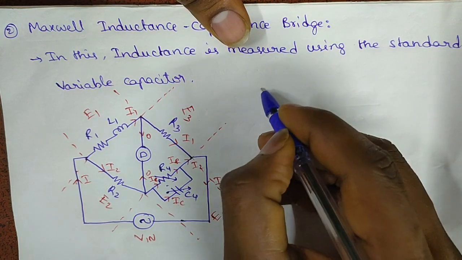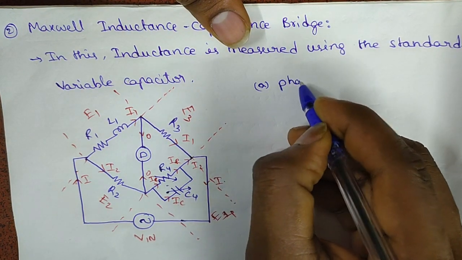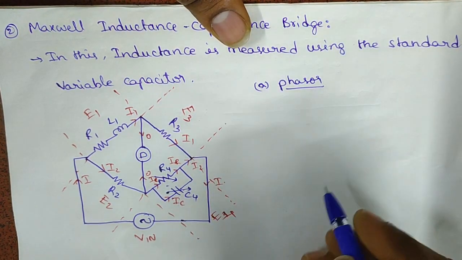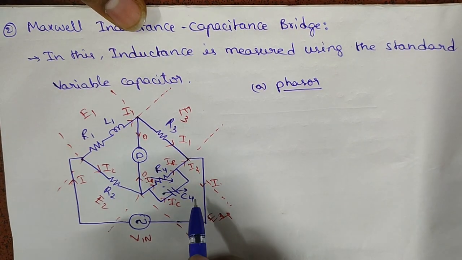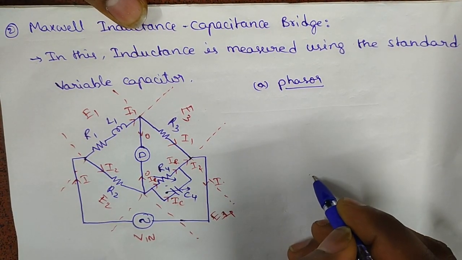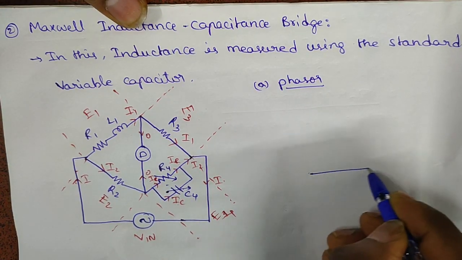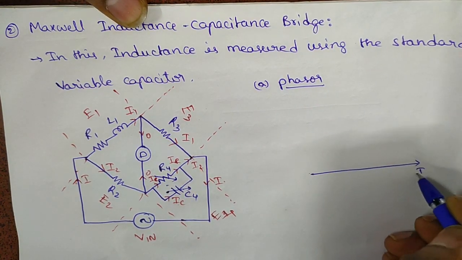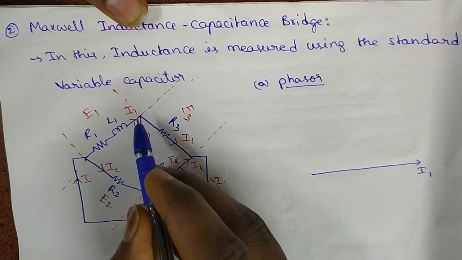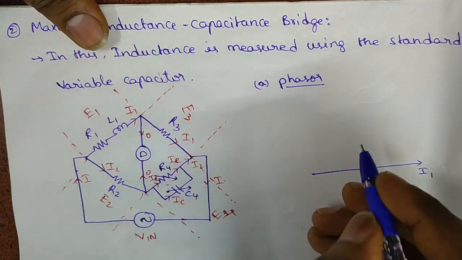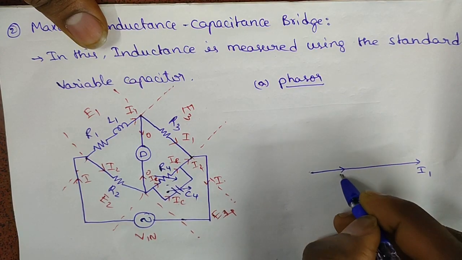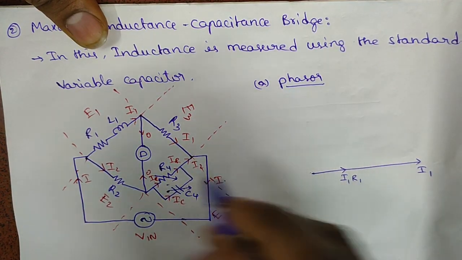Now phasor diagram. From this we will draw a reference line, I1. This is the current I1. In this, the first drop we saw is I1 R1.